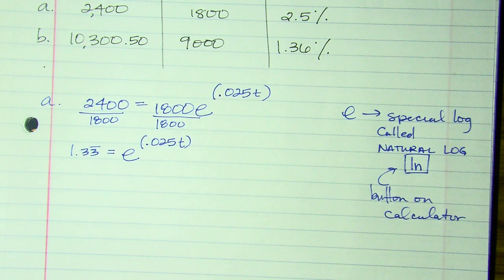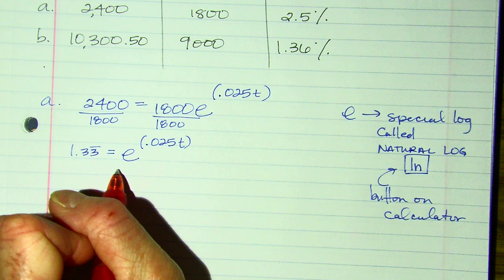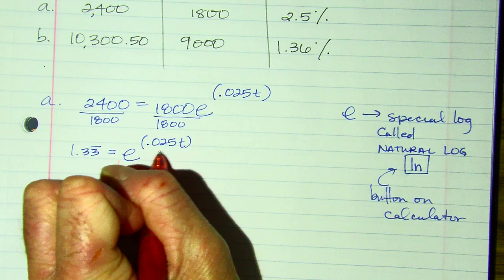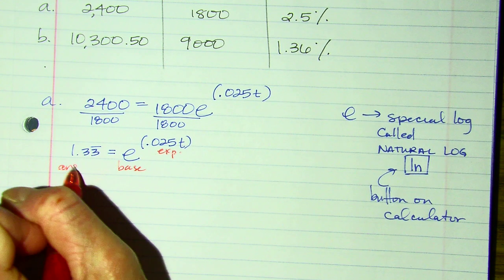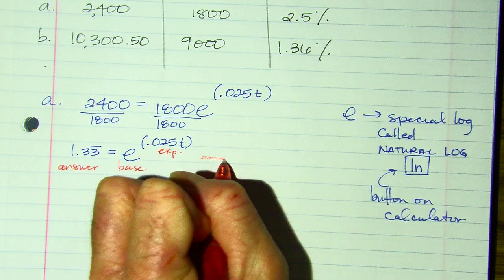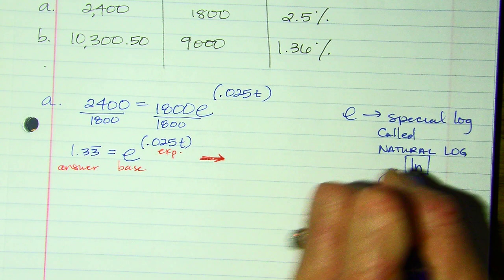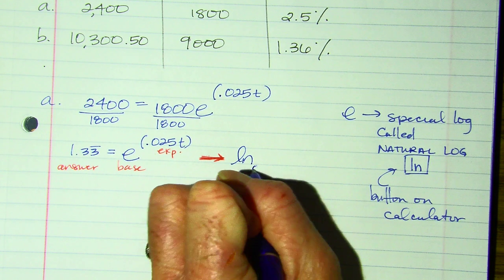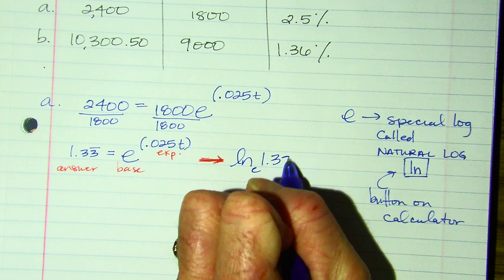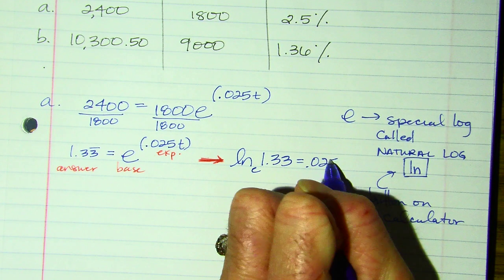So I'm going to rewrite this as a logarithm. Remember, this is my base, exponent, answer. So as a logarithm, I'm going to use ln, base of e, 1.33 equals 0.025 t.